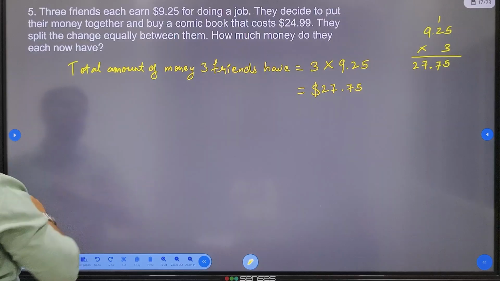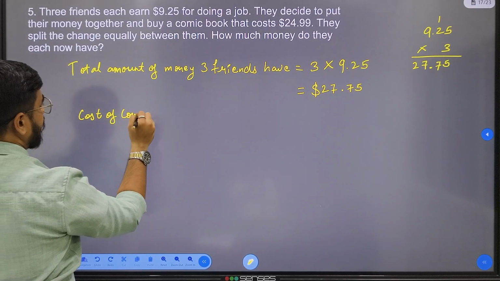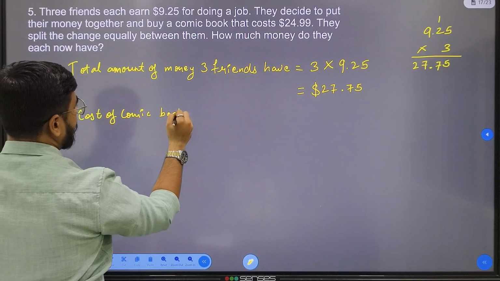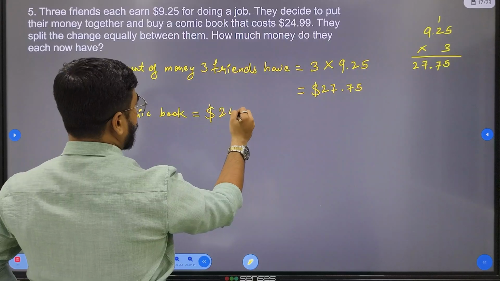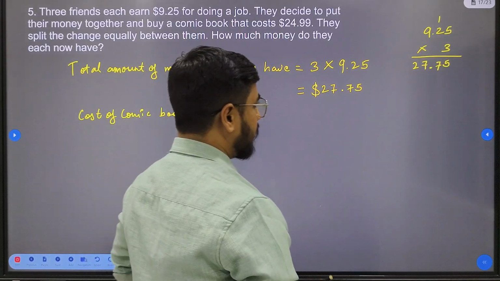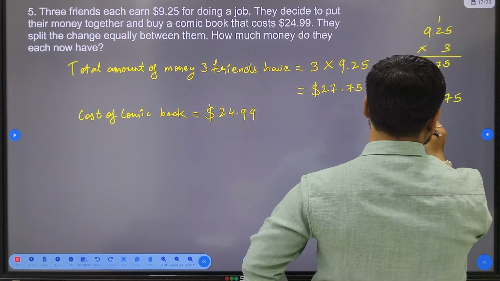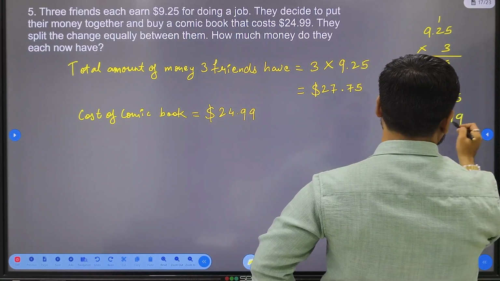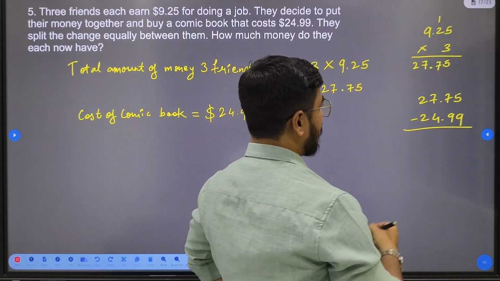They decided to buy a comic book. So the cost of the comic book is $24.99. Let's do the subtraction. 27.75 minus 24.99.